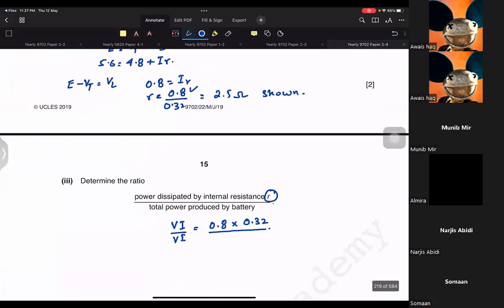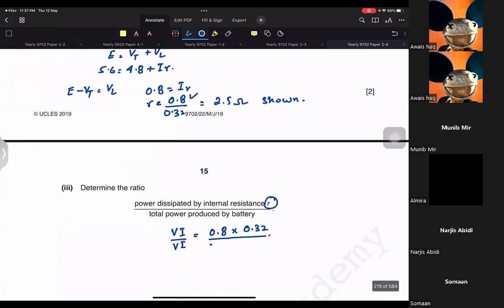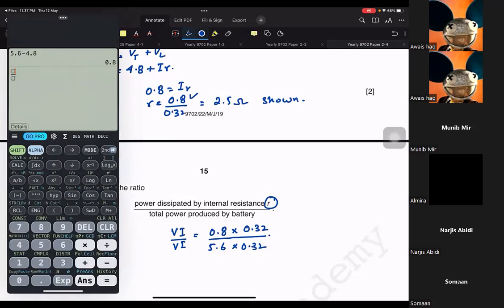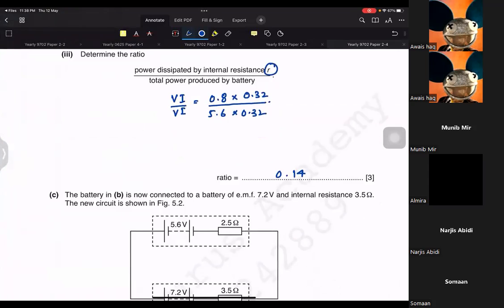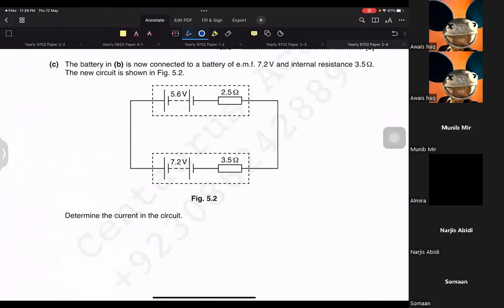And then the battery was 5.6 times 0.32. So let's do it. Gets the right answer. 5.6 times 0.32. Okay, so this is 0.14. Pretty simple.